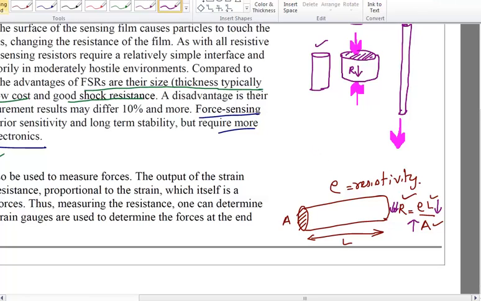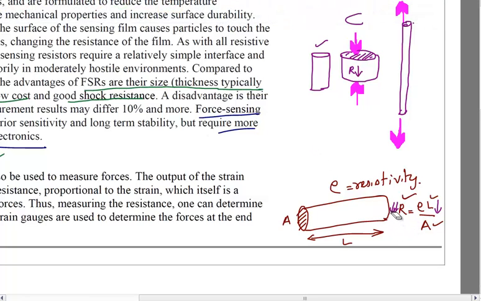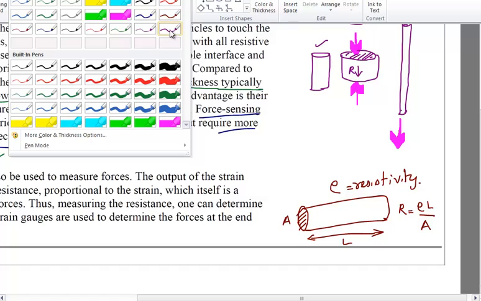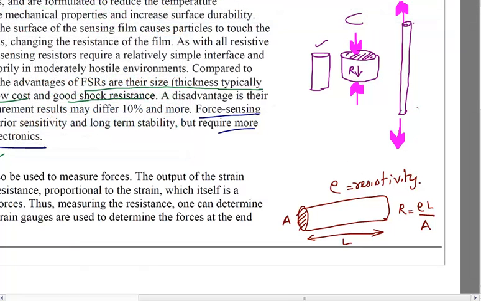Again, looking at this formula, when we apply the force in this direction, this one elongates, because of which the length will increase and the area will go down. The area goes down, the resistance will go up. Again, if the length goes up, the resistance will go up. So because of this opposite force, the resistance will now increase.